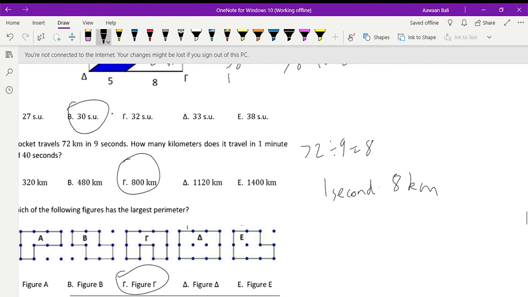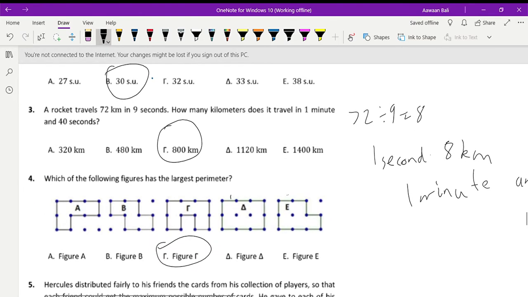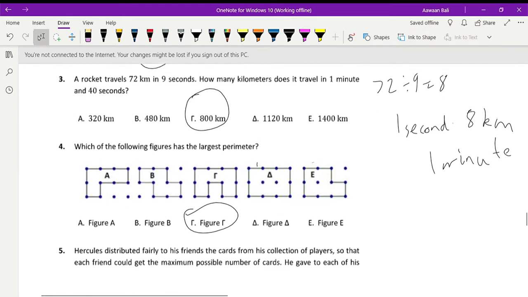And now 1 minute and 40 seconds is equal to 100 seconds, basically. And since we know the length that the rocket can travel in 1 second, we can just add the 2 zeros. So 8 times 100 is 800 kilometers. Therefore the answer is gamma, 800 kilometers.